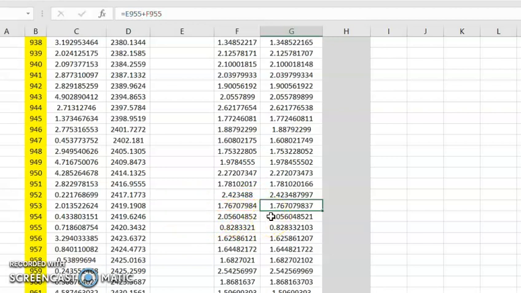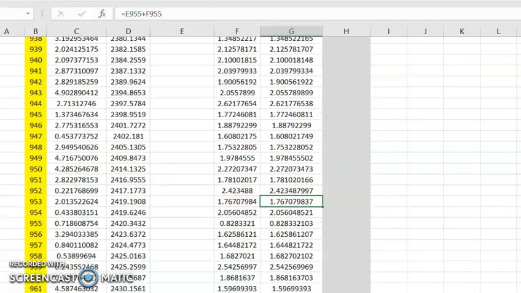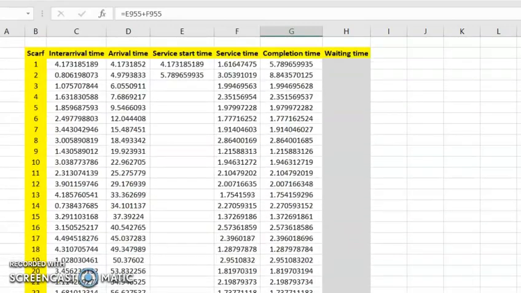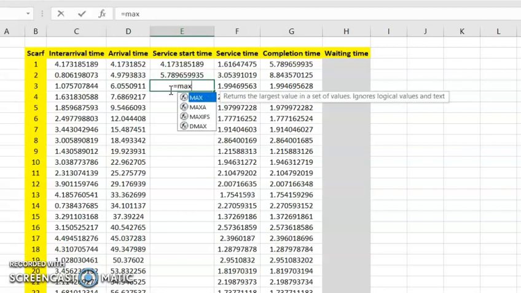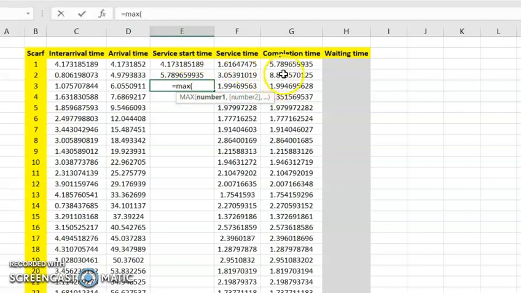But now that I have put this formula, I need to go and also calculate the completion time for all of them, for service start time. Again, for this one, I want to show you: the service start time for scarf 3 equals the maximum of completion time for scarf 2 and arrival of scarf 3.